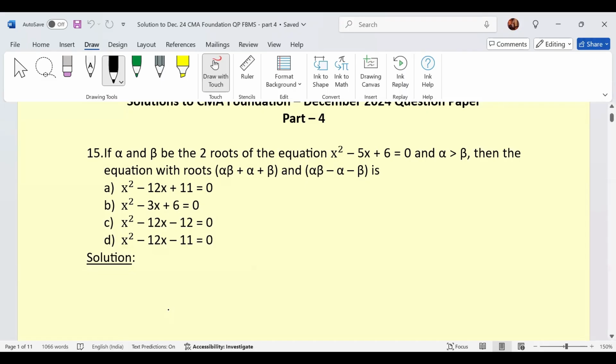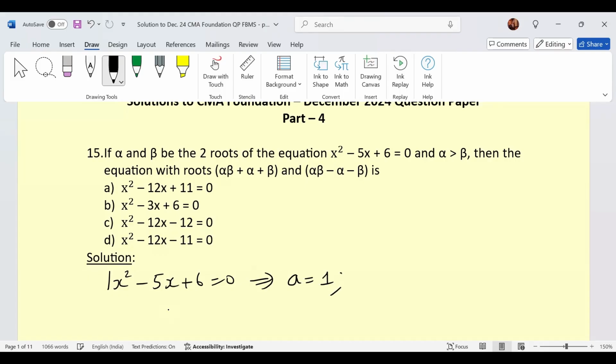In the equation we will write once again 1x square minus 5 times x plus 6 equal to 0. Here a is 1, that is the coefficient of x square, b is minus 5, that is the coefficient of x, and then the constant, which is c.